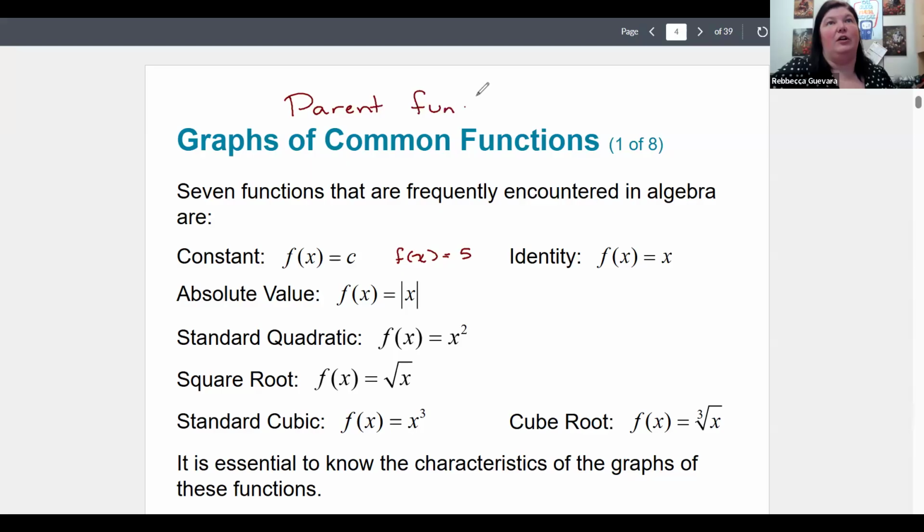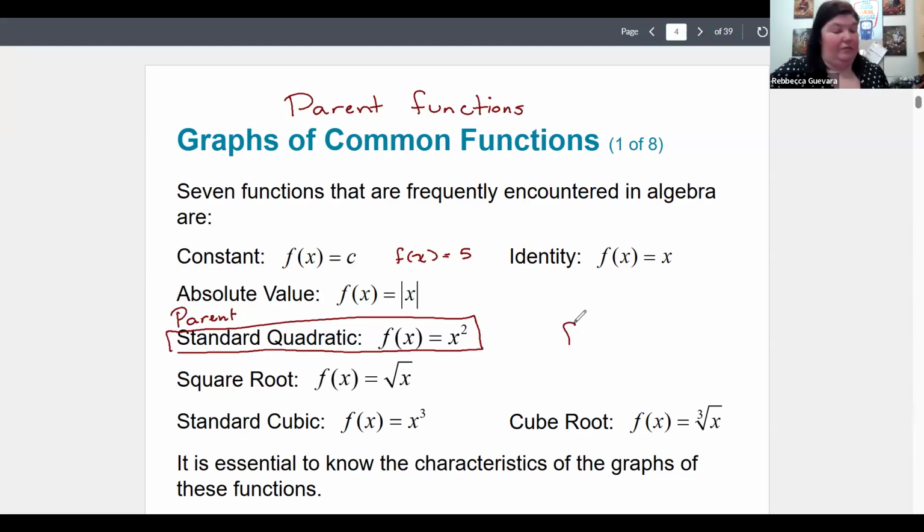These are not necessarily all your parent functions, but the ones we're going to use now. We have some transcendental functions we haven't covered yet. But like I said, these are your parent functions. So this is the standard form of a quadratic. This is the parent function. But we'll make it a different function because we already used f(x). But if I take it, and let's say I add to it, well, now it's a different function.